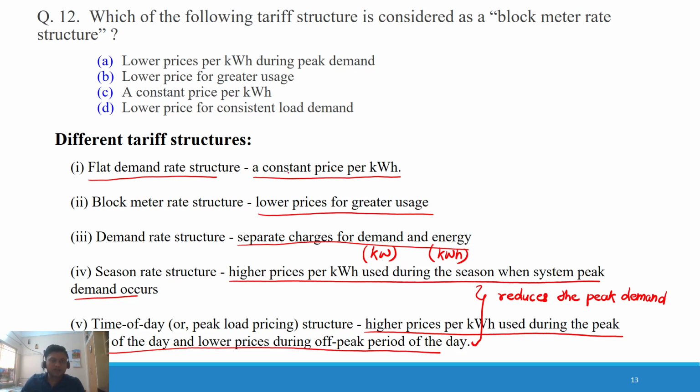Now, if we want to understand how the block meter rate structure works, we can visualize it using a graph. Suppose the y-axis denotes the charges taken by the utilities in rupees. For a certain unit consumption, it has a fixed rate.